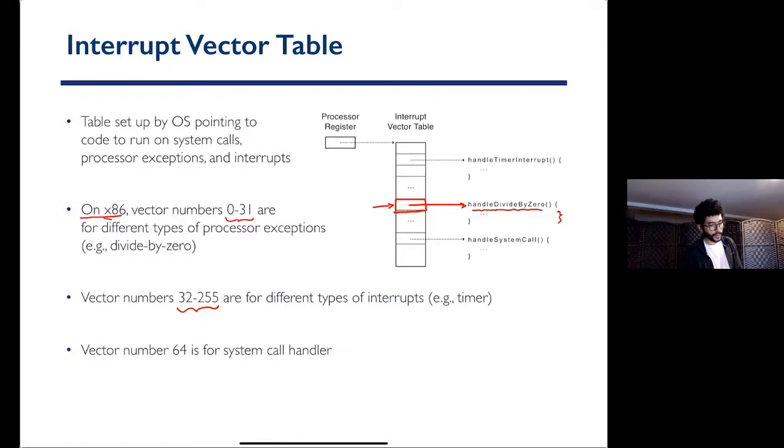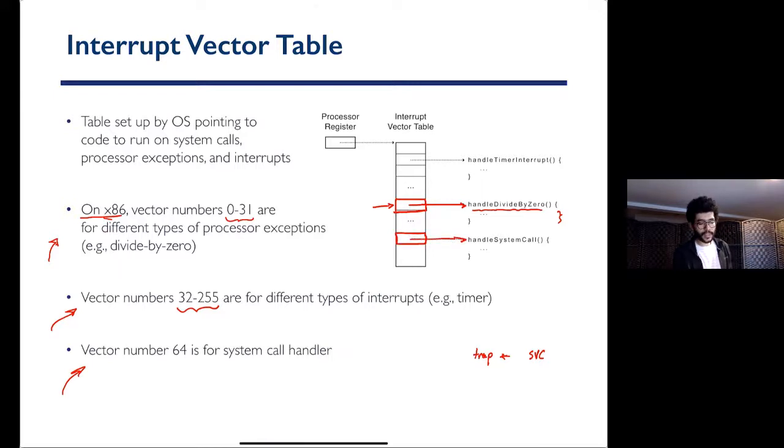So we covered exceptions, we covered interrupts. Now there is a single entry, at least in x86, for system calls. Every time your code executes trap, which is like an instruction, and I believe in ARM it is SVC, your hardware is going to go and look at this region and find out where the handler is.